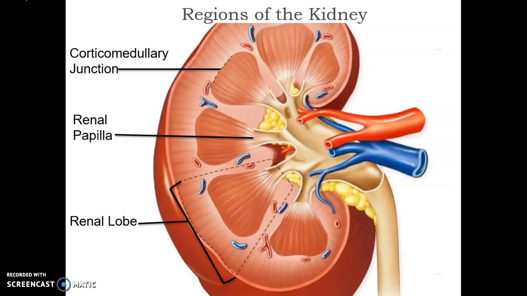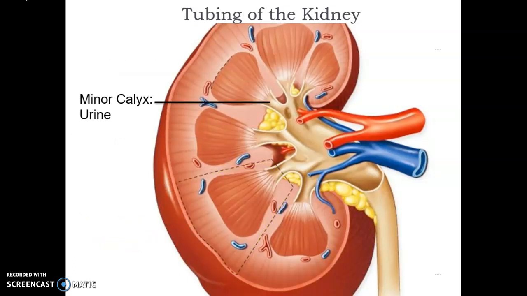This region has very important anatomical and functional significance, which we will talk about later. This point is called the renal papilla. We will talk about the function a little later. And if you can imagine cutting out a slice, like a pizza slice, this will be a renal lobe.